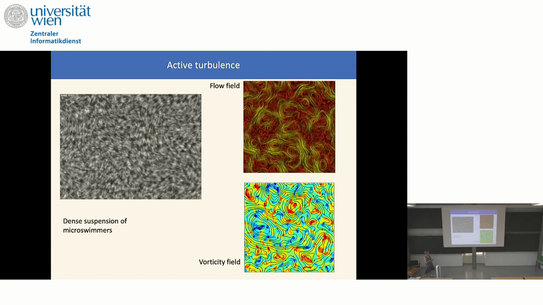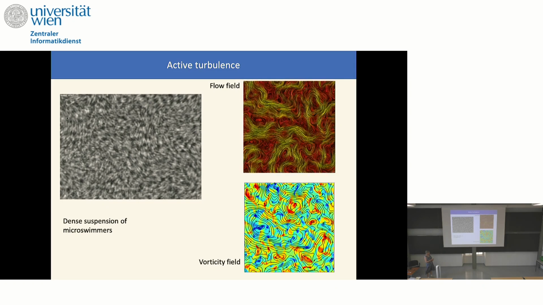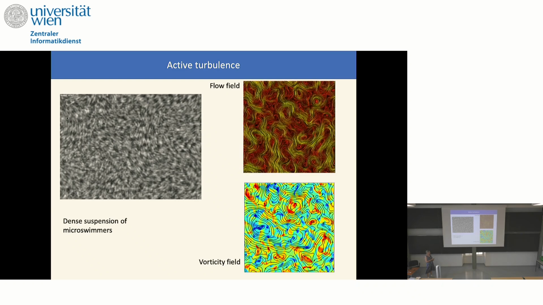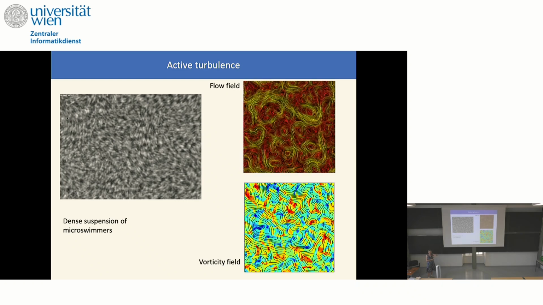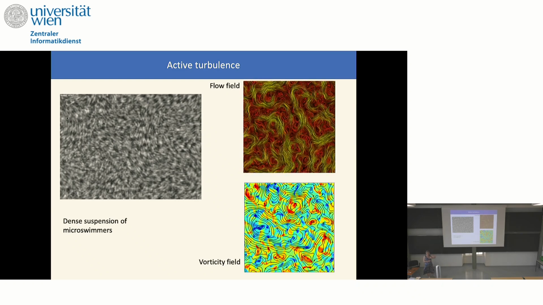It looks like this, where the yellow bits are sort of streams of high velocity. So you tend to get these streams of high velocity. And these states in particular have high vorticity. Active turbulence is a very vortical state. This is the vorticity field.